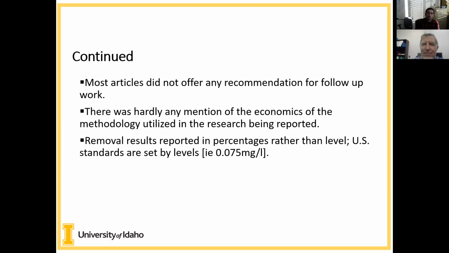And by reporting in percentages, I really have no way of knowing if their percentages are capable of meeting the standards that have been set. We need to have a continued and a current method of reporting so that we have uniform methods, uniform results and interpretations.